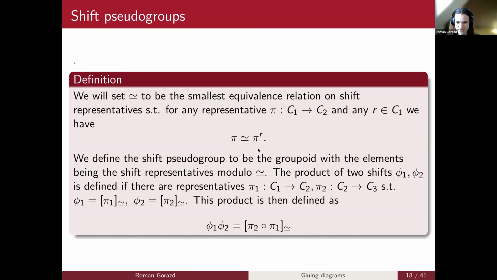And the product is defined whenever we have shifts that agree with each other. Kind of had the same, well, the domain is the image, and then we just do the composition. And I'm calling it a shift pseudogroup to differentiate it from the shift groupoid, which is something else, which Matui and Matsumoto defined.